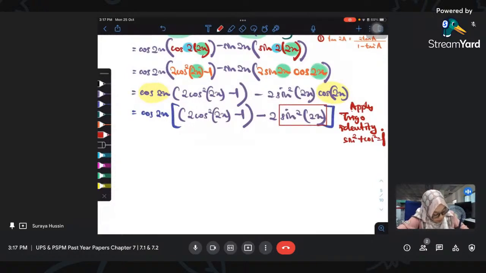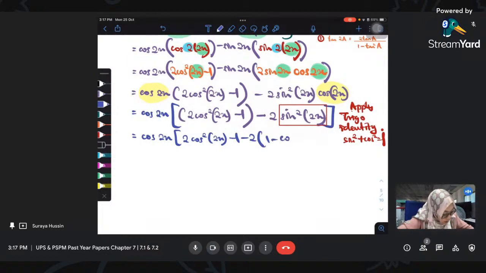Okay, you apply it. So cos 2x times 2 cos squared 2x minus 1 minus 2 times 1 minus cos squared 2x.